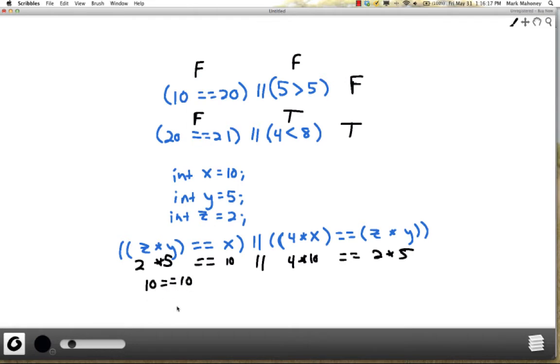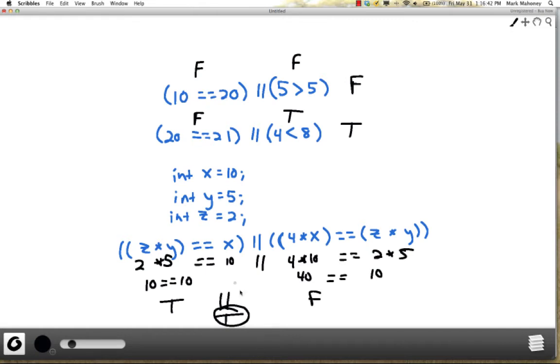Is 10 equal to 10? That's true. 4 times 10 is 40, and 2 times 5 is 10. So is 40 exactly equal to 10? That's false. True or false? Our final value there would be true.